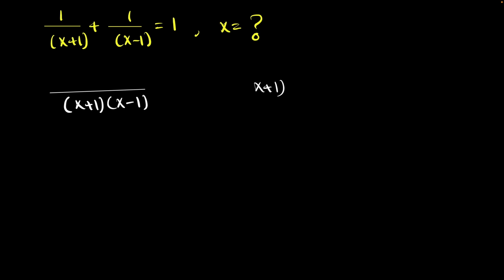Common denominator, which is x plus 1 and x minus 1, when we divide by the first denominator, we will get x minus 1.